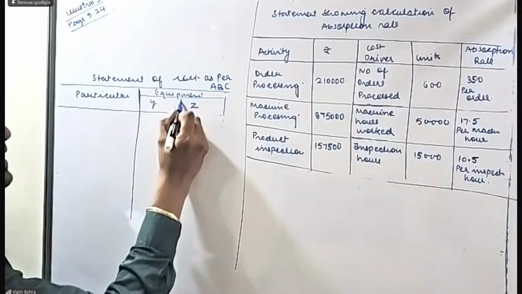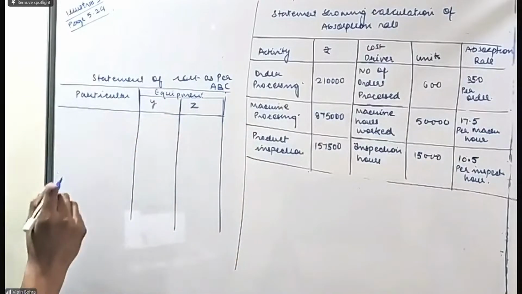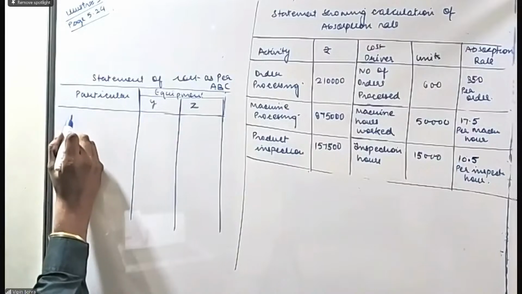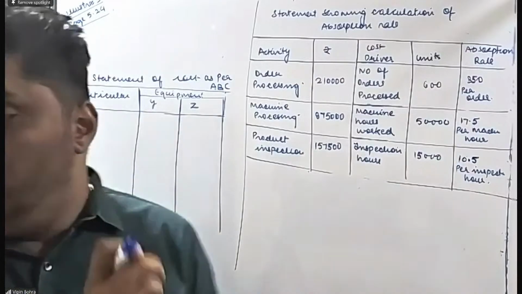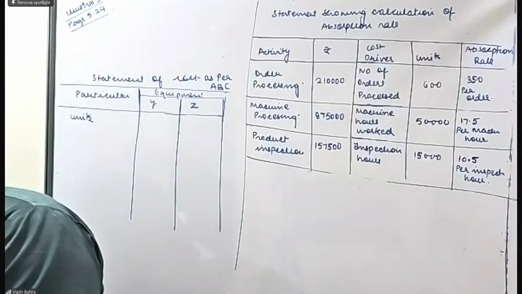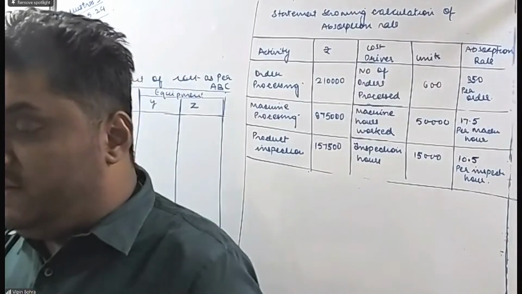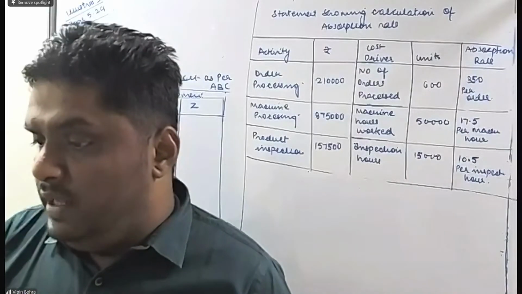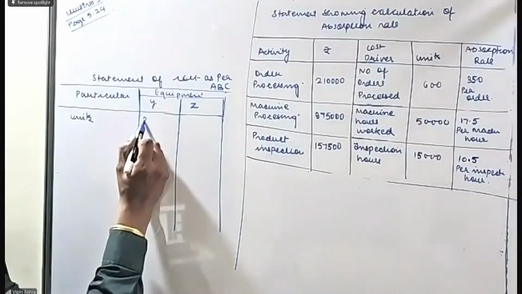So let's start with the statement of cost as per ABC, wherein when talking about the number of units, it is given in the question, that is 2500 and 3125 units.